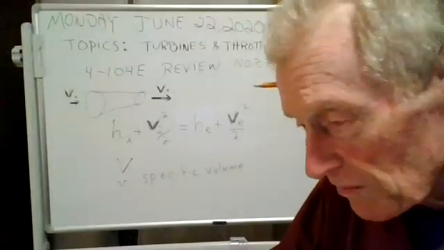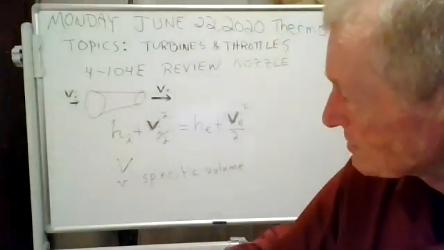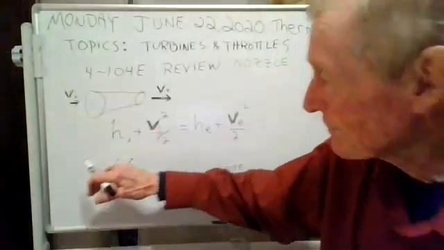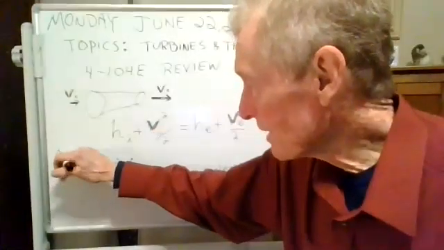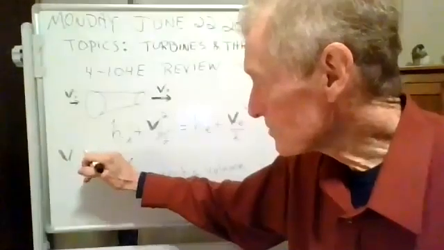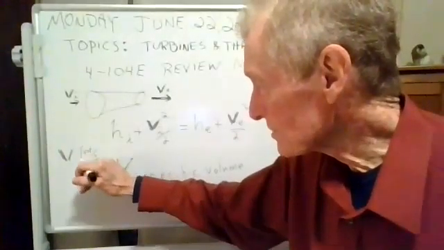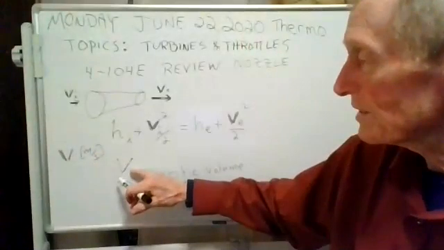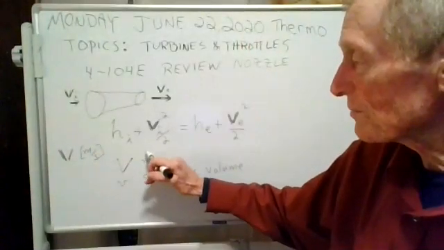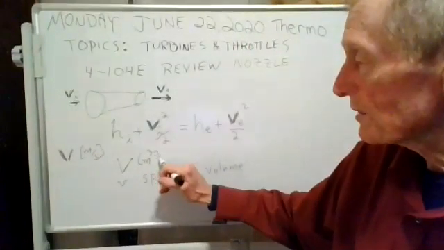And you can tell all these things by their units. That dark V is meters per second. That's velocity. But this V here, that's volume, cubic meters.